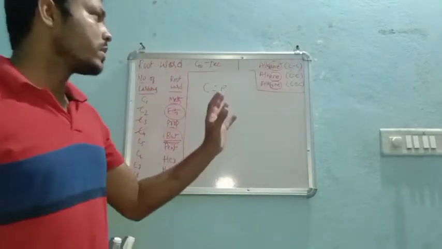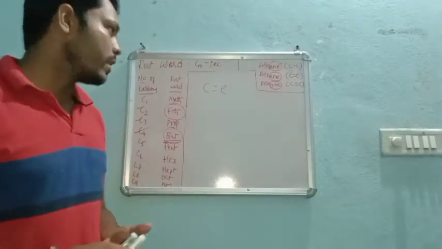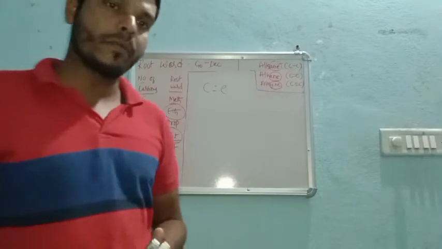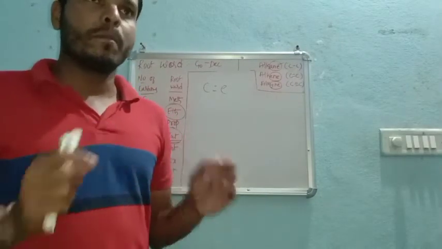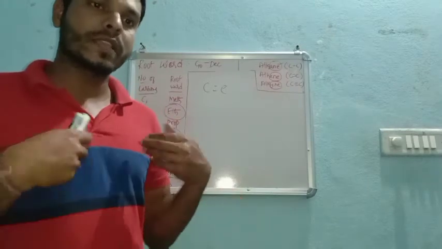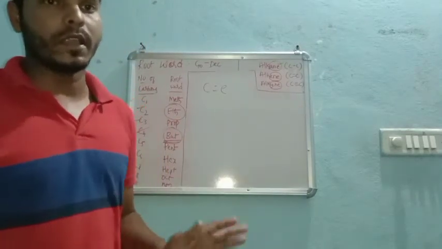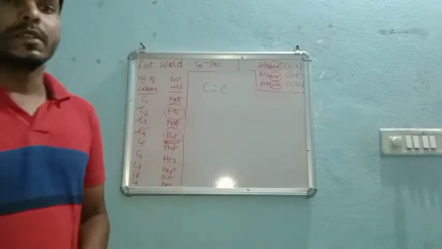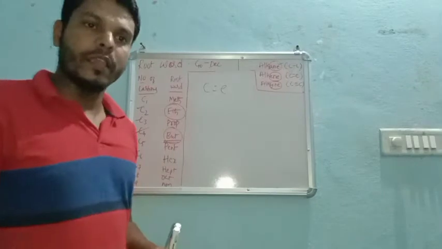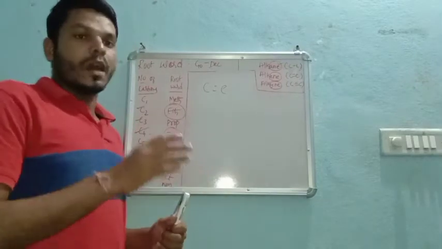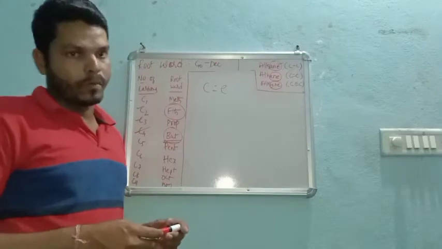I just want to clear up how to name a simple organic compound without a functional group, without any branching, or without any secondary or primary prefixes. We are just seeing the important things to know about how to name an organic compound.